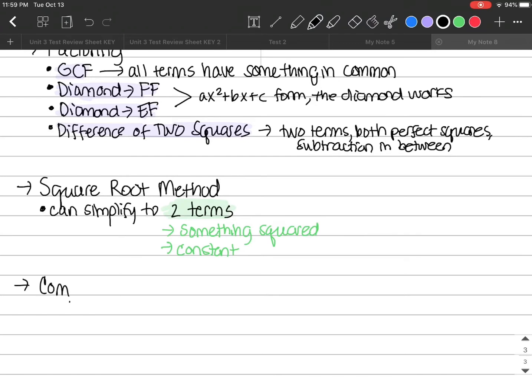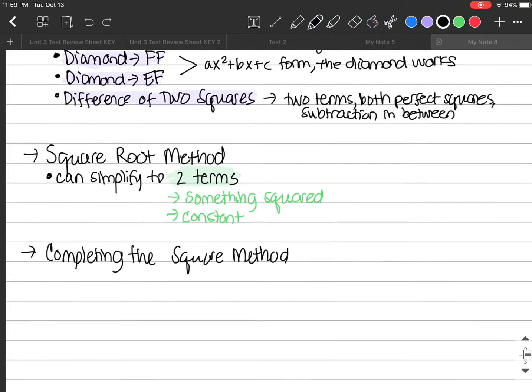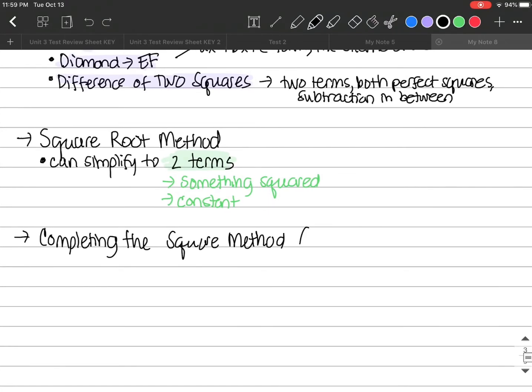The other one is completing the square method. The pattern is, it's not factorable. So first off, it's not factorable. And you can simplify.